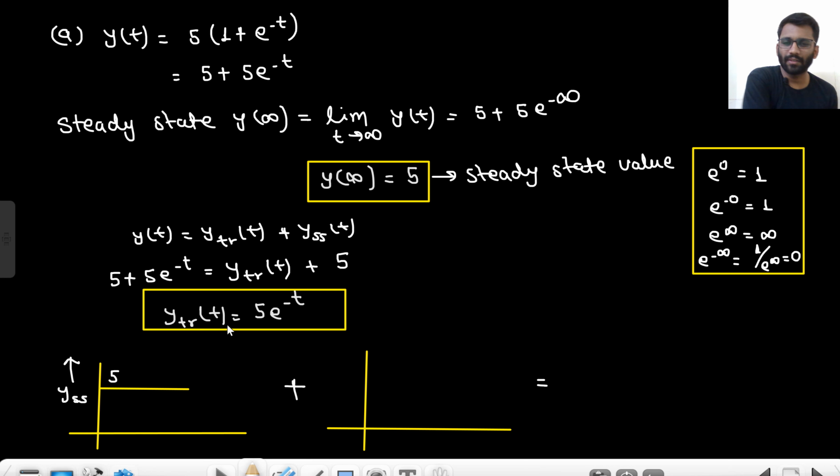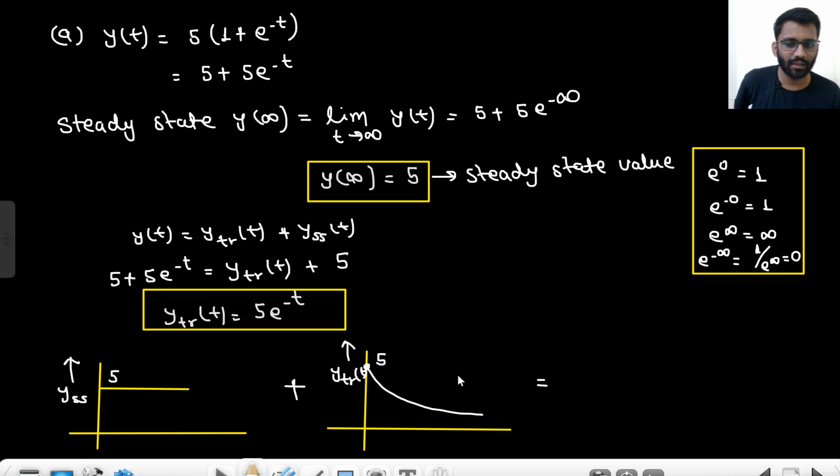Now what is y transient(t)? At t equals 0, you will have value 5. At t equals infinity, you will have value 0. In this question, we are only talking about time t greater than 0.